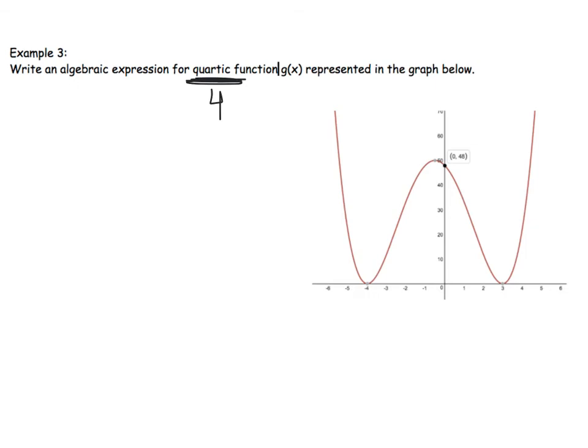Well, I notice that I have 2 zeros here. One at -4, which is a bounce, so I know it's even. And then another one at 3. So here, my zeros are x equals -4 with an even multiplicity, and x equals 3 also with an even multiplicity.